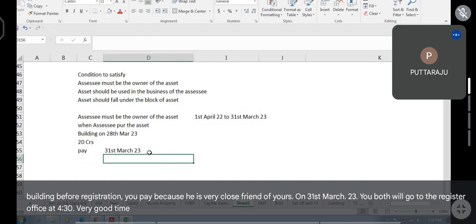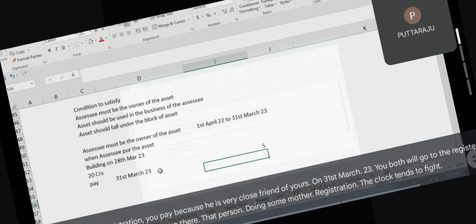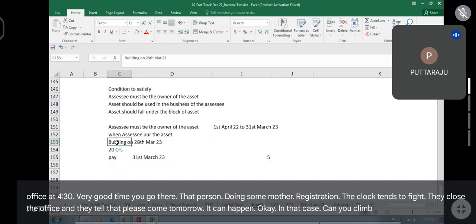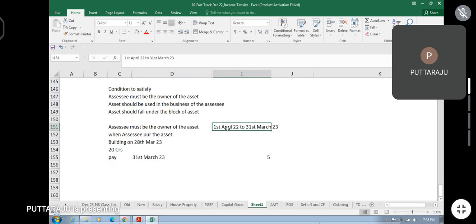But that person is doing some other registration, the clock turns to 5, and they close the office and tell you to please come tomorrow. It can happen. In that case, can you claim depreciation on this building for the previous year 22-23? The question. Can you claim?